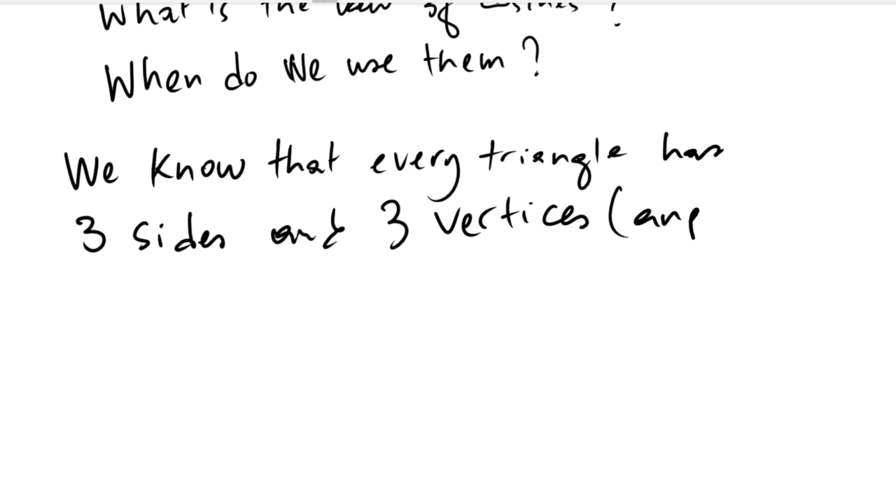And we know that if you add the three angles, you should have 180 degrees. The sum of the angles of a triangle is 180 degrees.